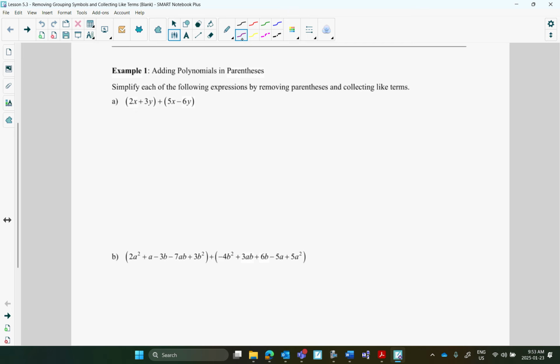We cannot collect like terms yet until we get rid of the parentheses. What sign is in front of here, where we just don't write one? Yeah, plus. So to remove the parentheses, here's what you do. I'm just going to rewrite this.